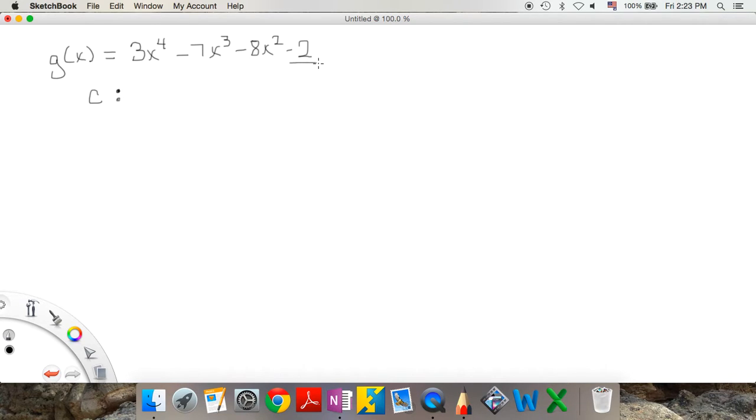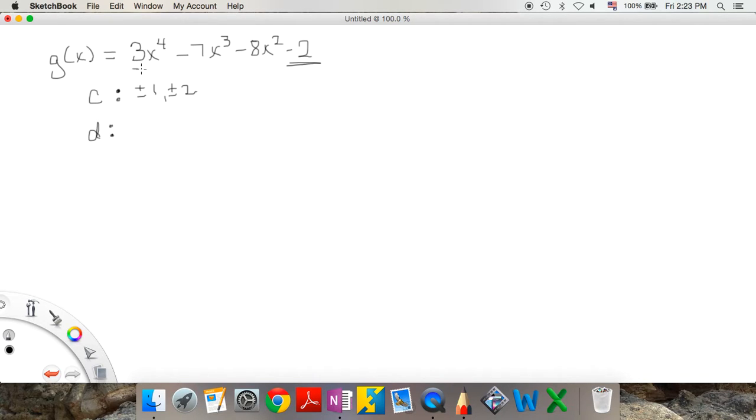So this is the constant term here. So what are our factors of 2? Well, plus and minus 1 and plus and minus 2, because the only way you can multiply to get negative 2 is 1 times 2, and one of them has to be negative and one of them has to be positive. So those are all our factors for that.